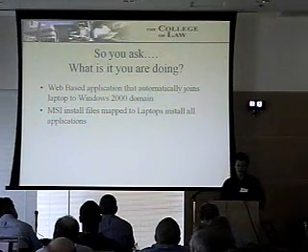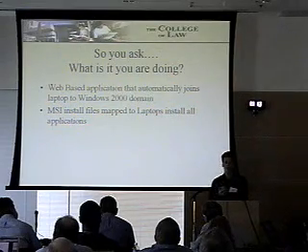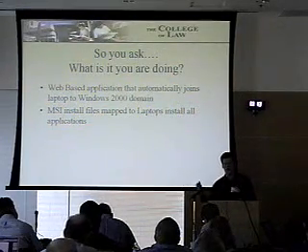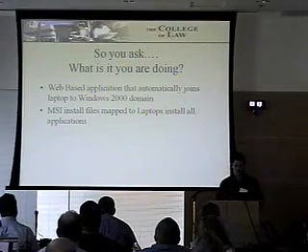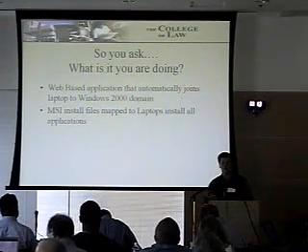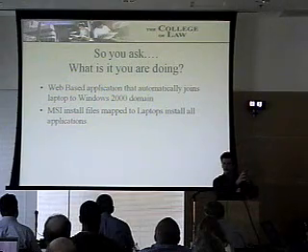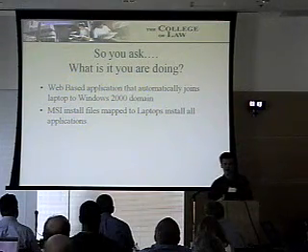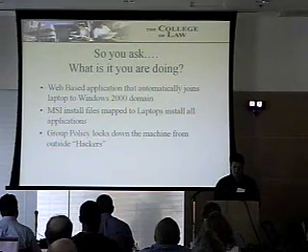We use, so if you're familiar with Windows 2000, you have things called organizational units, OUs. And you can map software and installation scripts to those organizational units. There's such a thing called MSI files, which Dan is really going to be going into, that allow you to create a software package and attach it to an OU, and then that software package gets installed when that person turns on their computer and gets on the internet.